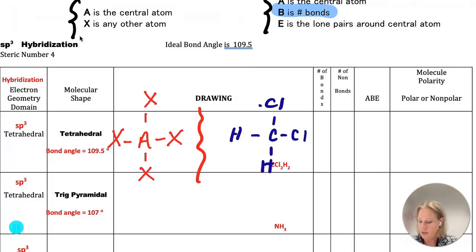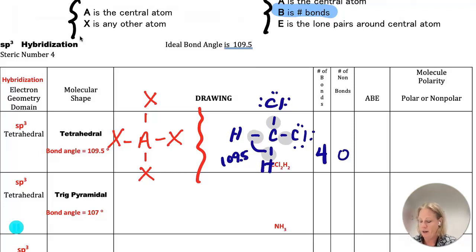So mostly this is a tetrahedron. Most tetrahedrons have carbon in the middle, or silicon. This angle looks like 90, but in reality it's about 109.5. So we have 4 bonding areas. I say bonding area, not just bonds, because sometimes you'll see coming up that there can be more than one bond. But there are 4 bonding areas.